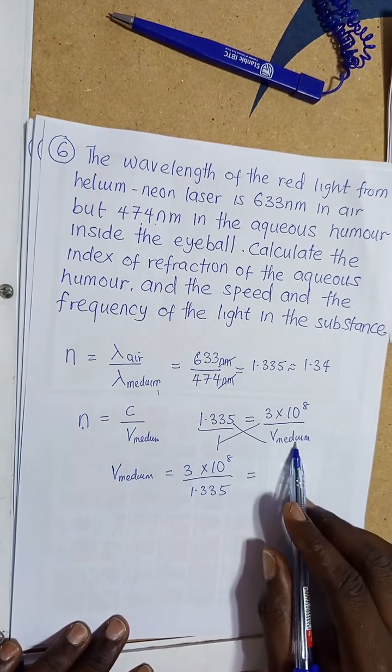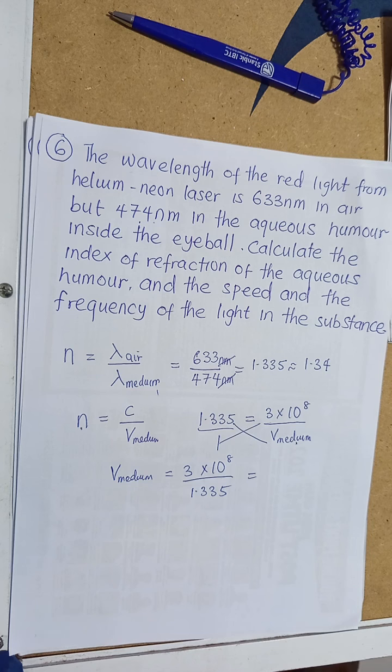If you cross multiply and make this the subject of the formula, we're going to have 3 times 10 to the power 8 divided by 1.335.